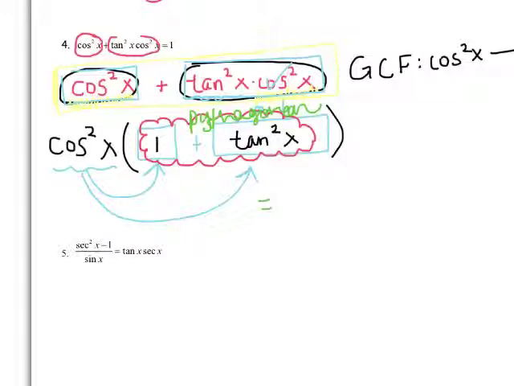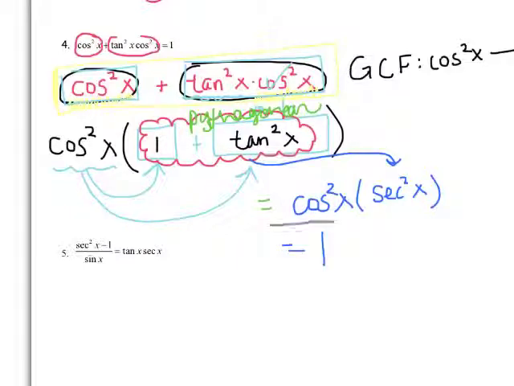So look at your Pythagorean theorem, find where this 1 plus tangent squared is. What do you get? You should have gotten secant squared for this thing right here. So inside the parentheses is secant squared. I did not touch the cosine squared. It is still there. What happens when reciprocals multiply? That's right, they multiply to 1, which is where we were trying to go.